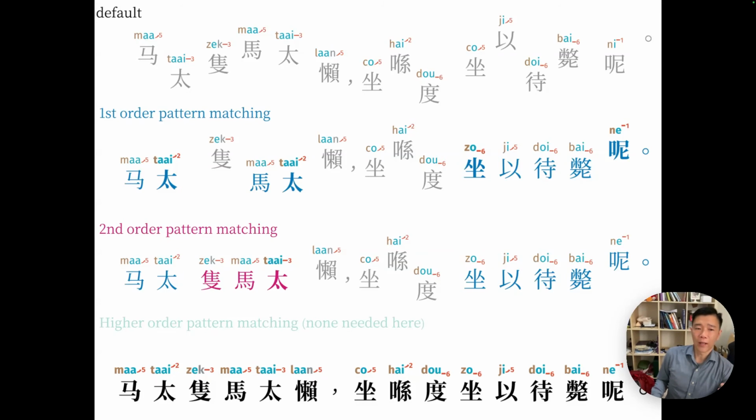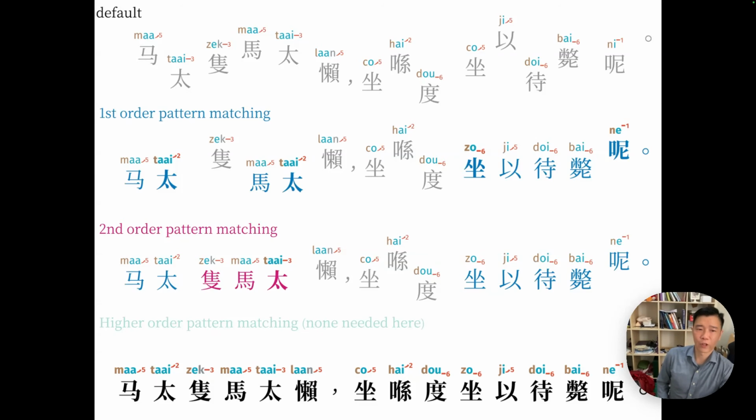However, if Ma Tai, Mrs. Ma, comes after Zek, a measure word for animals, Mrs. Ma is probably not an animal in the four-legged running sense. So we do a second-order pattern matching that says that magenta thing is one chunk.